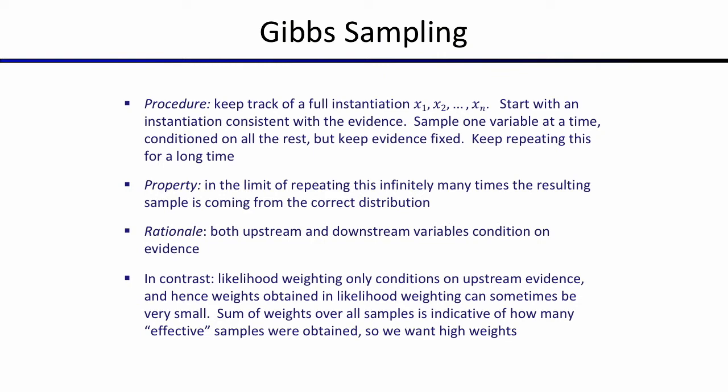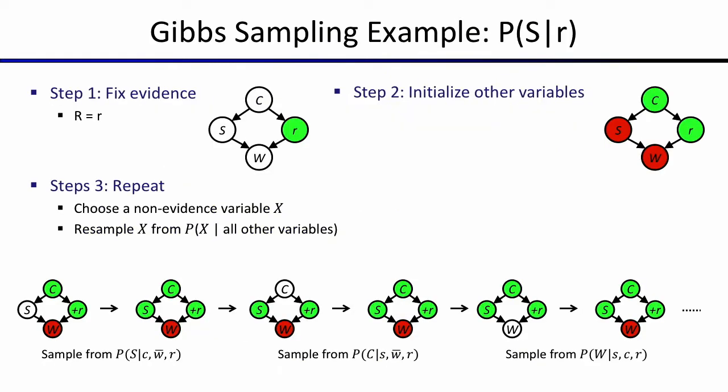What changes now with Gibbs sampling is that we will not have weights anymore. It's like every instance has the full weight back again. We need to know how we're going to compute this, and we're going to show you in the next slide. So here we have a summary of how to compute Gibbs sampling.